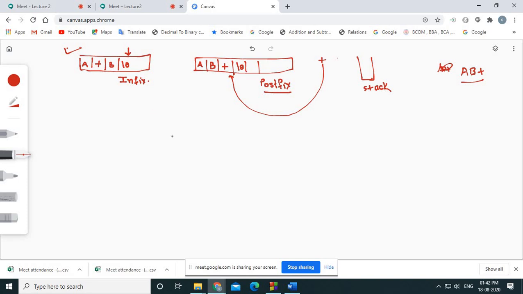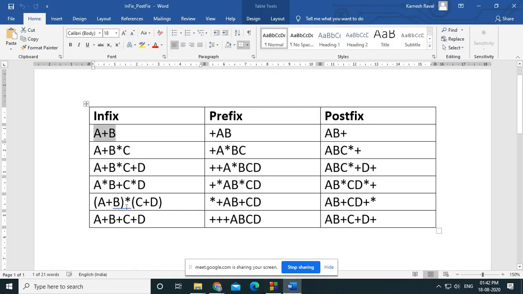Fine. Now we'll go through another example. What will the example be?